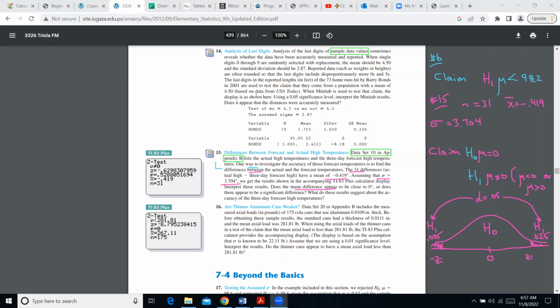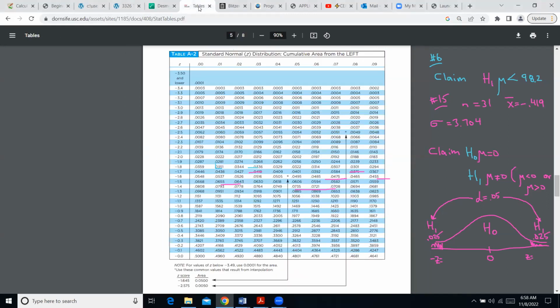So I will go to the tables and try to find 0.025 in it, and it's there. You start to go down from the top, you will eventually reach 0.025 right here.